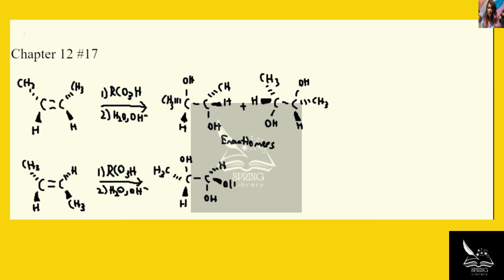Okay, and if we were to draw the other product here, it would actually be the same exact molecule, but flipped and rotated 180 degrees. And so this is the only product here. And this is a meso compound.